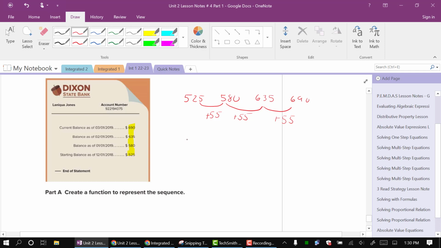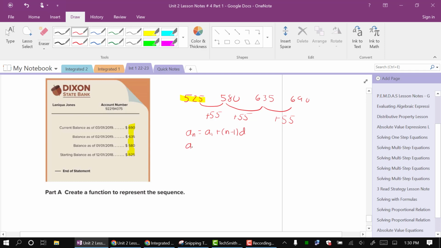So again, our formula is AN equals A1 plus N minus 1 times the difference. Now this is the amount that we started with, so that's actually A0. So A1 is $580.